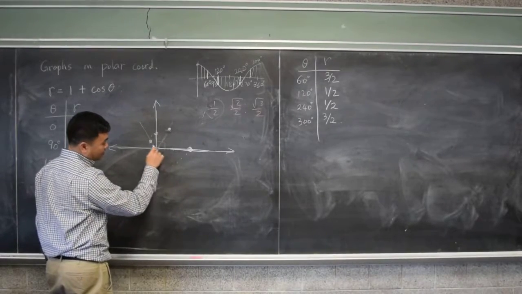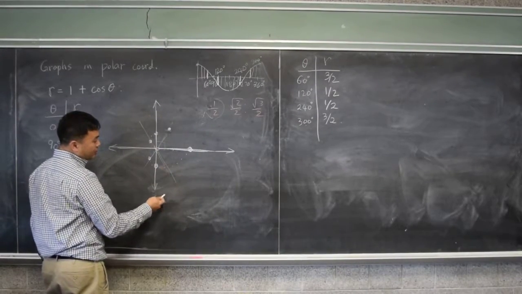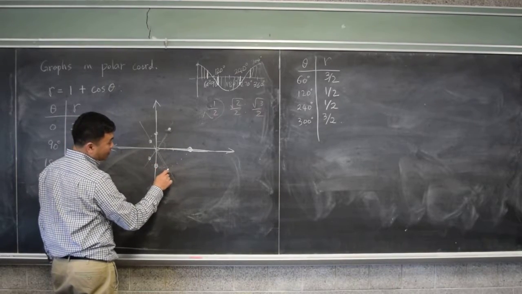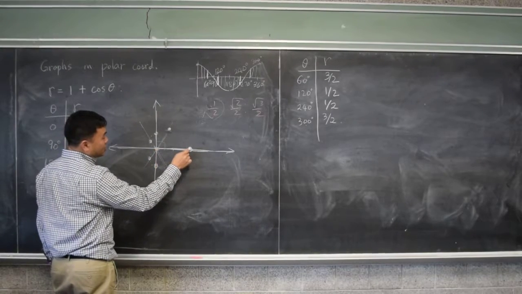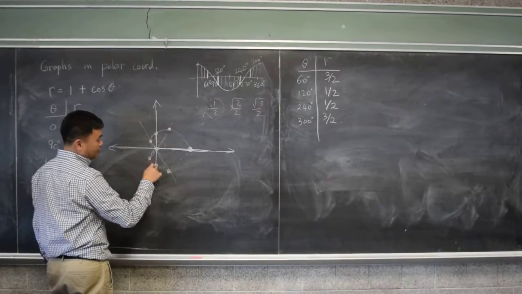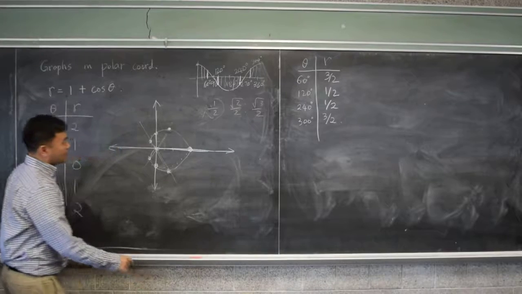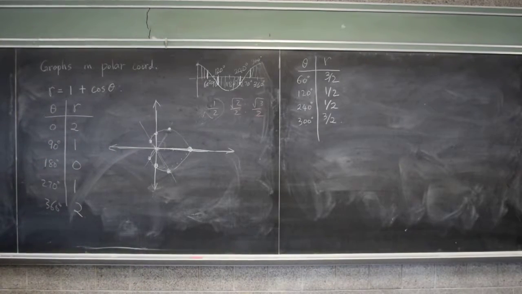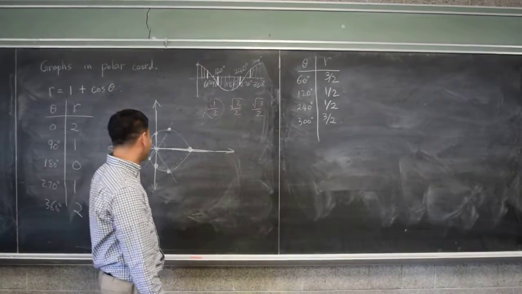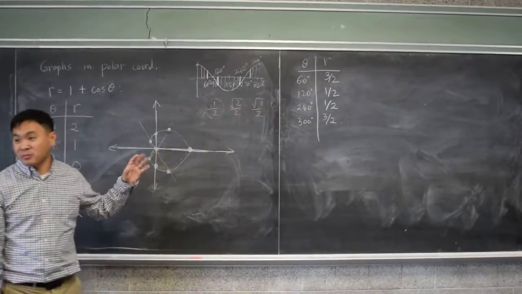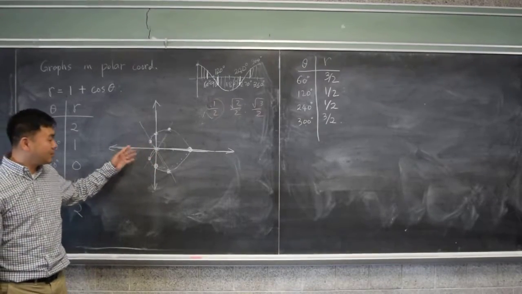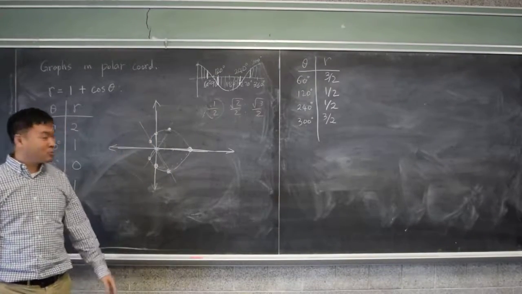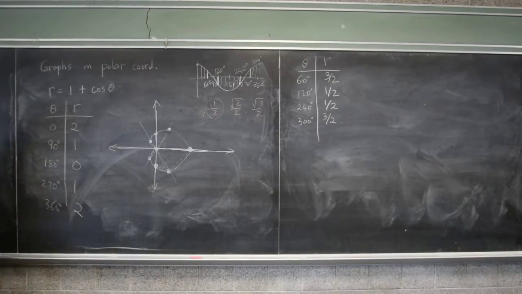At 300, it's right here. And 1.5 is again somewhere here. So we connect these points, and that's what we get. Okay. And if you plot more and more points, you can see that it's indeed closer and closer to this shape.